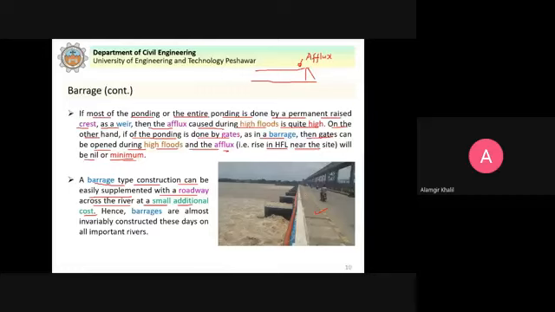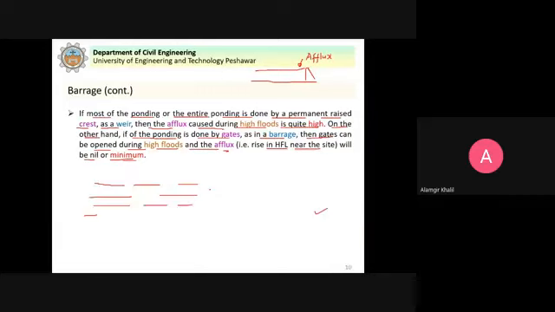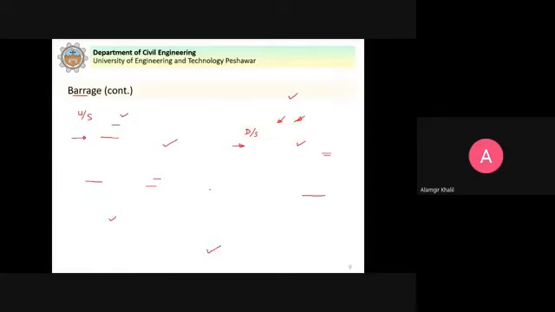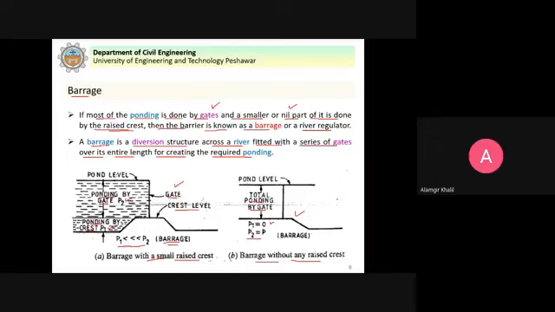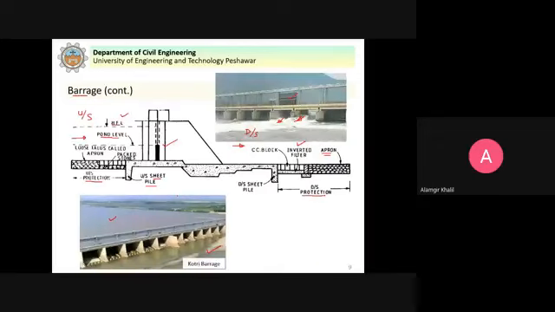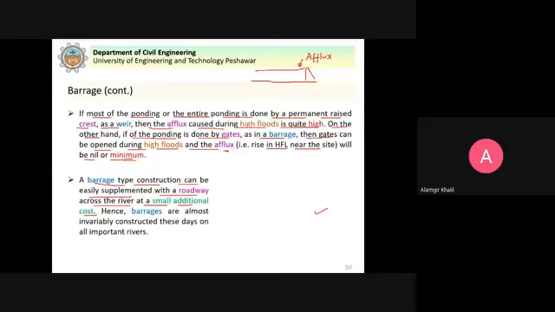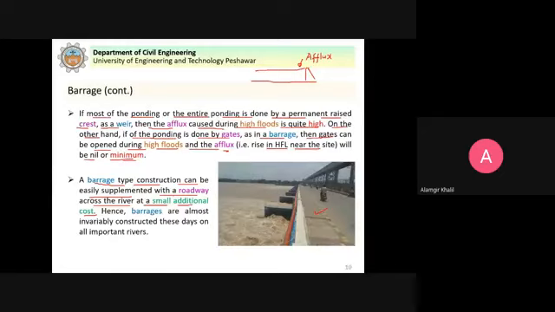It can be done easily in case of a barrage as compared to the weir, because if I go back, you can see here that in case of a weir, it is costly compared to a barrage. For example, if you want to construct a road here, it will be more costly. But in case of barrage, it can be done with small additional cost.